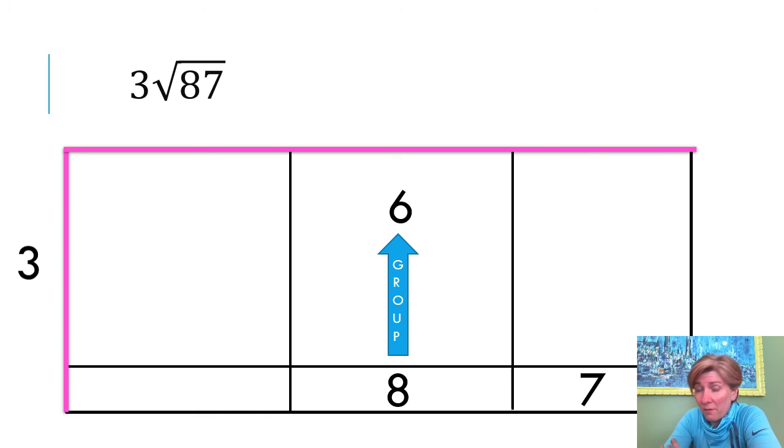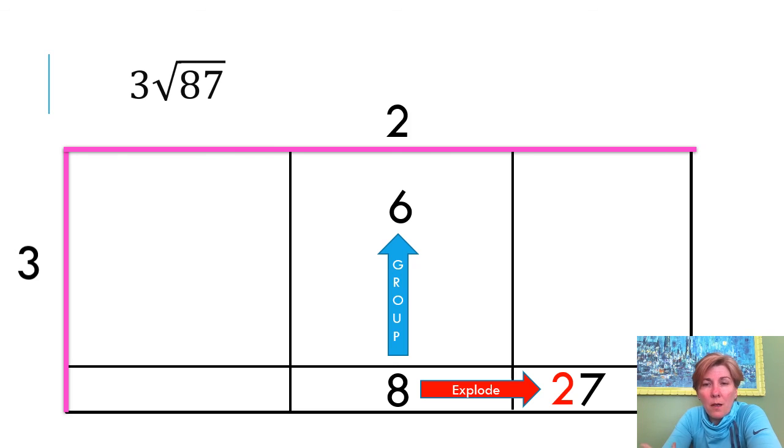So then I would have 2 left over from that 8 that I'm not using. So those I would have to explode back into the 1s compartment, just like I did before. So then I can go back to my 6 and say, okay, I have 6 objects. How many groups of 3 can I make? Well, 2.